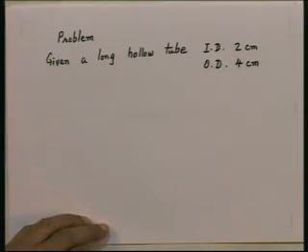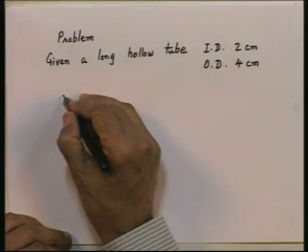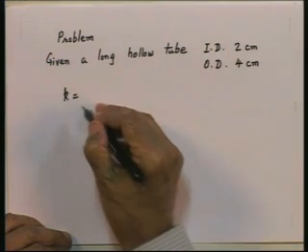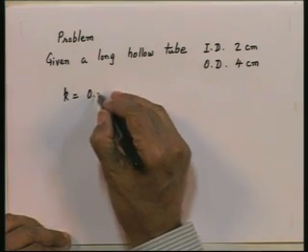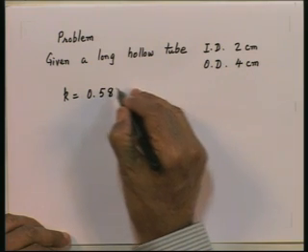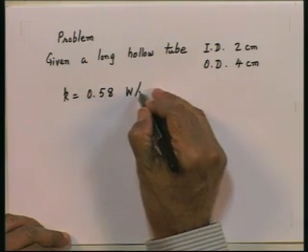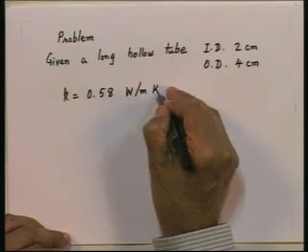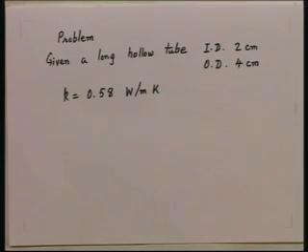Let us say its thermal conductivity k is equal to 0.58 watts per meter Kelvin. Looking at this value 0.58, I hope you immediately recognize it is not a metal. The tube is made of some non-metallic material, say a plastic or something like that.